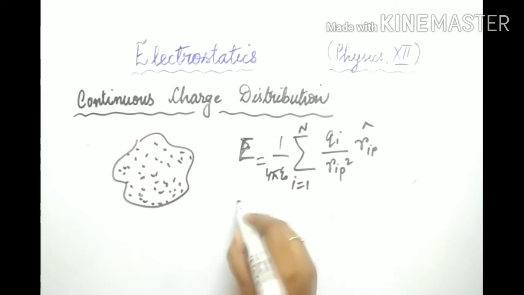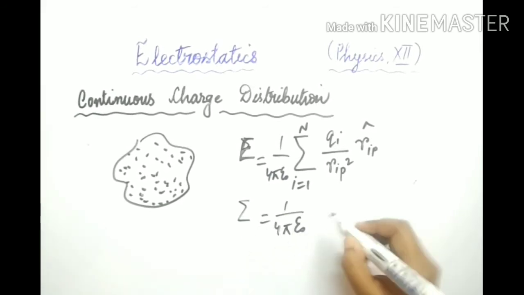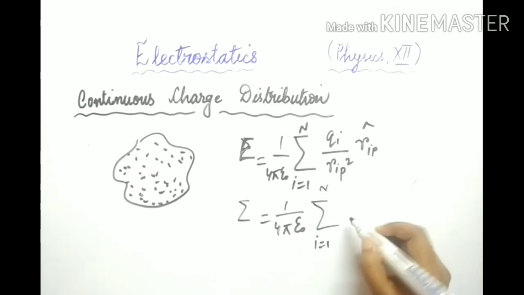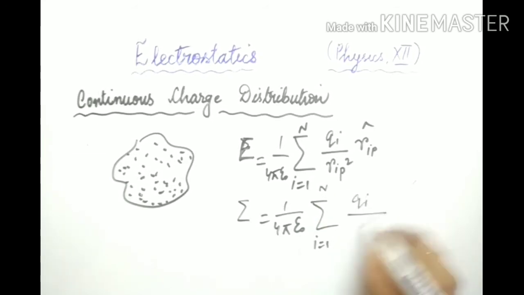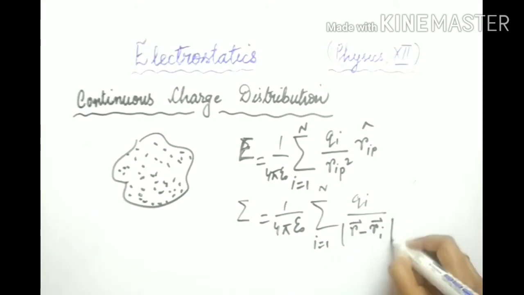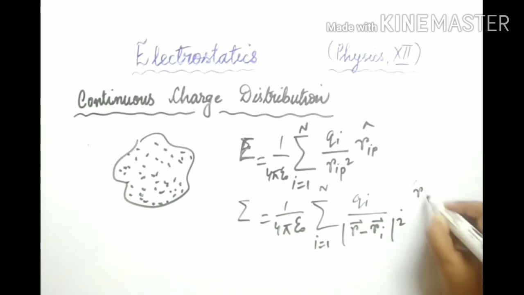And in terms of position vectors, we have seen it can be written as 1 by 4 pi epsilon naught, summation i equals 1 to n, Qi by R minus Ri vector.